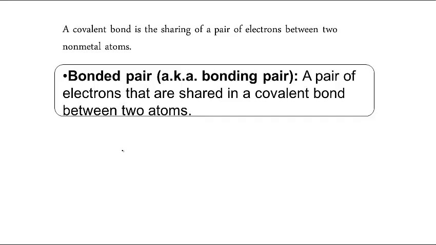Okay. Again, pause if you need to take the time to copy stuff down. So we're going to talk about two types of pairs. Remembering that a covalent bond is the sharing of a pair of electrons between two non-metal atoms. That's the definition of a covalent bond. So in Lewis structures, we have a bonded pair. And this is a pair of electrons that are shared between the two atoms. So let's go back and we'll do our molecule that we were looking at before.